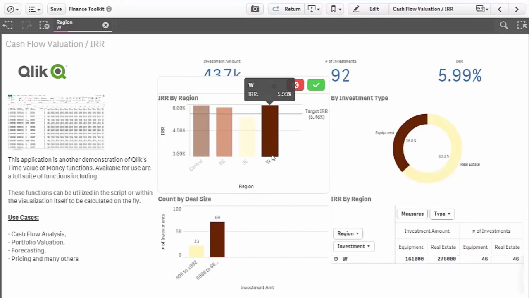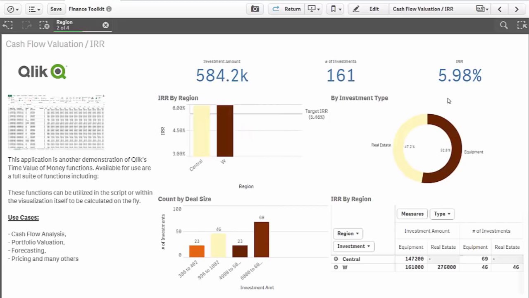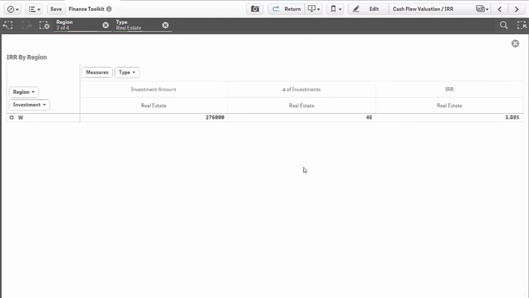And it allows me to go in and say, if I want to look at the West portfolio only, I have an IRR of that portfolio of 92 investments of 5.99%. But what if I wanted to combine the West with Central? I've got 598, and maybe I just want to look at the real estate portfolio only. And I can see, as I open up this view here, that I've got 46 investments with an IRR of 589.